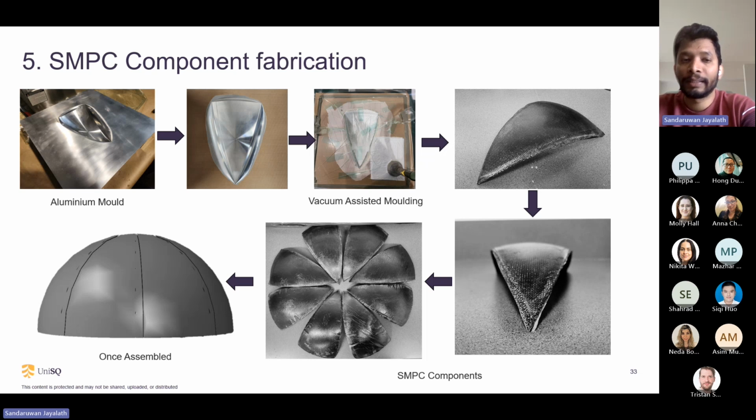We use this mold with different fiber layups, as in T and X fiber layups, as a sandwich method, and pour the molten shape memory polymer chemicals in there and spread it, and then apply vacuum assist. We made these particular components, and right now we have made more than 10 components, and are in the process of completing the hemispherical shape and doing the recovery and shape memory programming tests. So hopefully in maybe the next 2-3 weeks we will be able to do that.